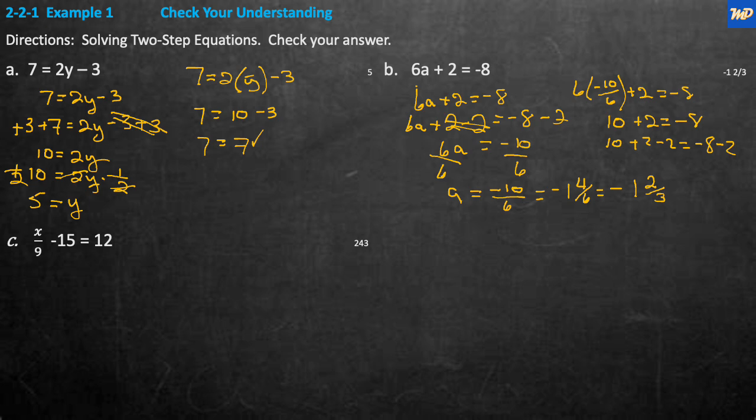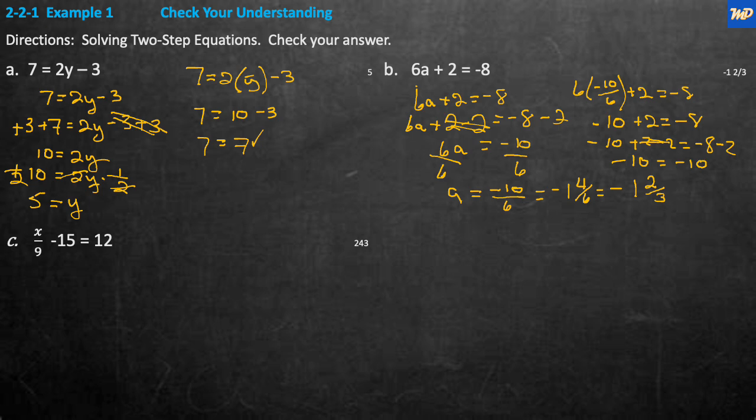So this is negative 60 divided by 6 is negative, oh, negative 10. Sorry. I know I had a mistake here. Negative 10. Now I subtract the 2, and I'm going to get negative 10 here. These twos cancel, and I'm going to get negative 10 equals negative 8 minus 2 is negative 10.